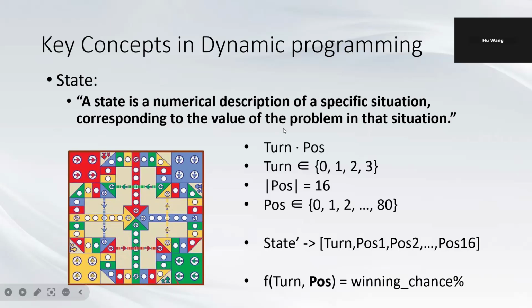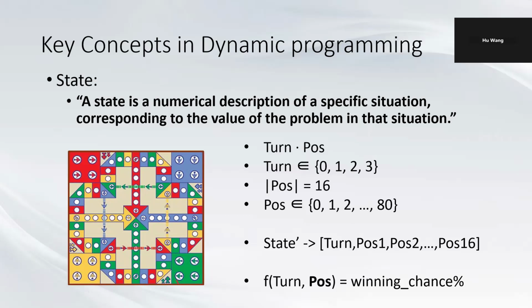Basically, we can use the turn, which player is in charge, and the position, meaning the 16 planes to move, where each plane has 81 steps it can be placed at. So in the end, we have these 17 numbers to depict the current state. This current state I will show you is not a real state.